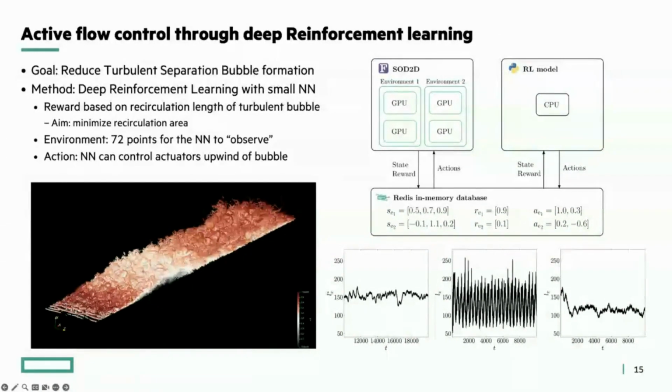And so the big thing that you can see is that the simple sinusoidal control has large excursions, which is not very desirable. It represents a very unstable system. The machine learning one does not have that high frequency variability. It looks more like the optimal control, but it does achieve a smaller recirculation length than the original one.